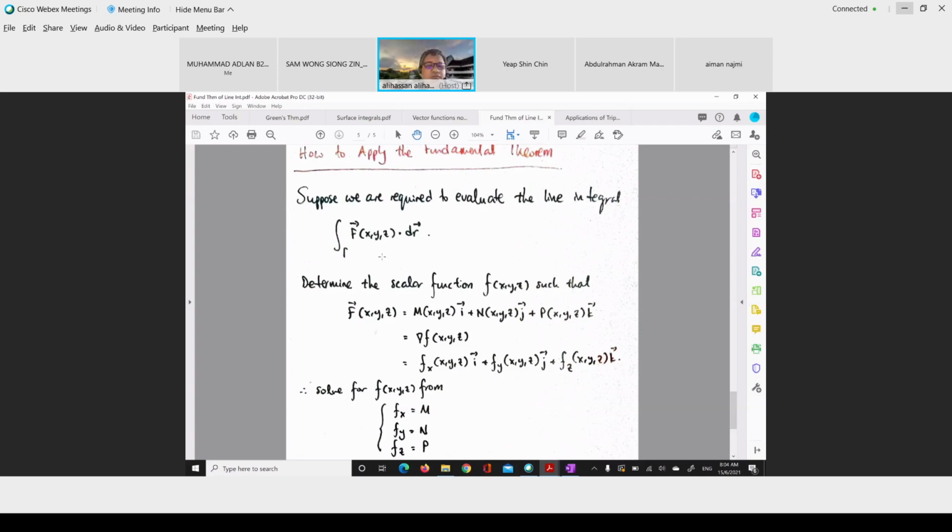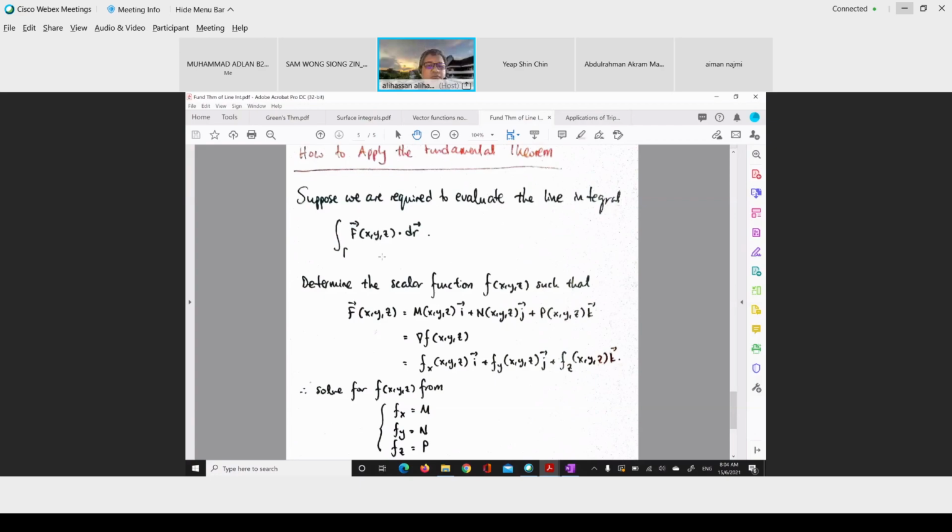If gamma is a closed curve in the counterclockwise direction, we use this special form of line integral symbol. You see there's a circle in the middle of the line integral symbol. So that means we are dealing with gamma which is closed and in a counterclockwise direction, right?